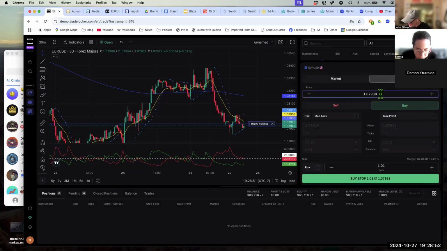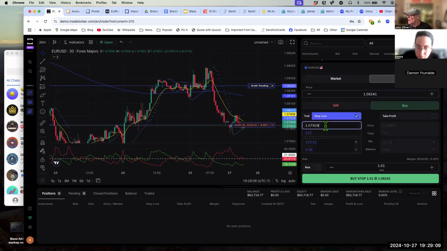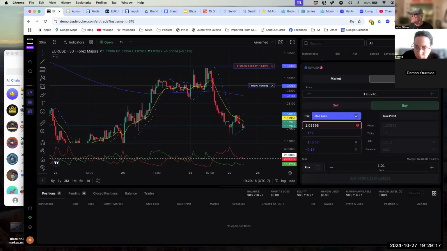So you open that up, you change your entry here. My entry is, and I don't use the up and down arrow, I just write it in, 108241. Okay, that's our entry. Our stop loss is going to be 108398.